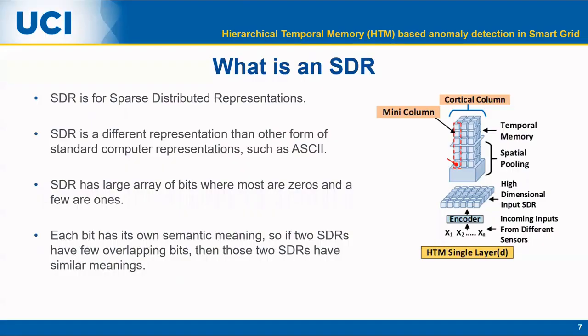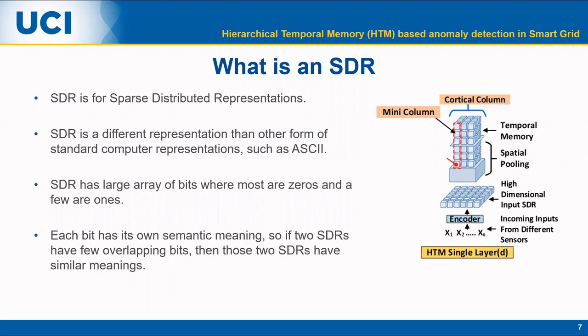Before explaining the encoder, spatial pooling, and temporal memory, we need to know a new concept, which is known as SDR. SDR stands for Sparse Distributed Representation. SDR is so important in HTM because it is the basic representation in every layer inside the HTM.